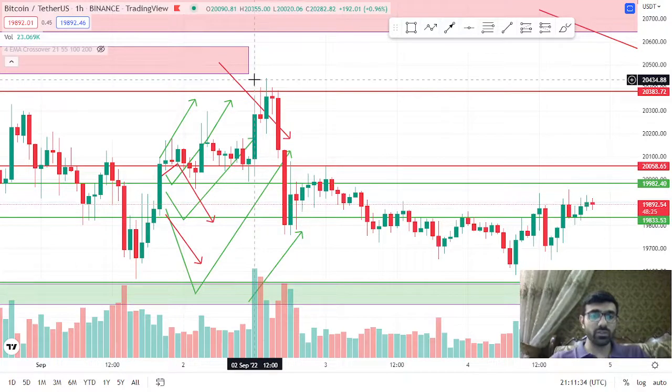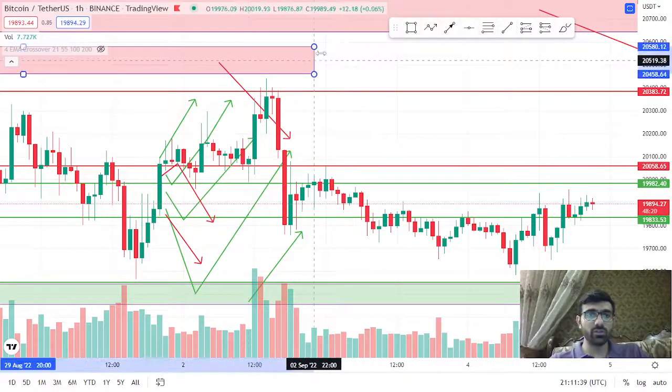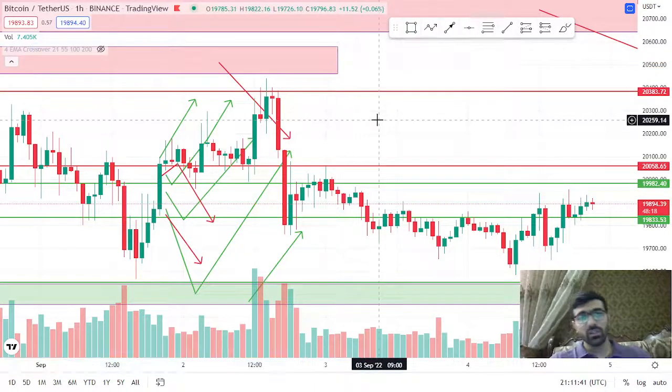And if we would have just simply followed our scenarios, then we could have simply made a good profit from this selling as well.